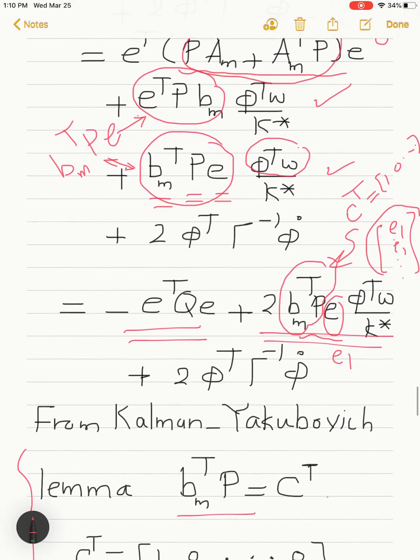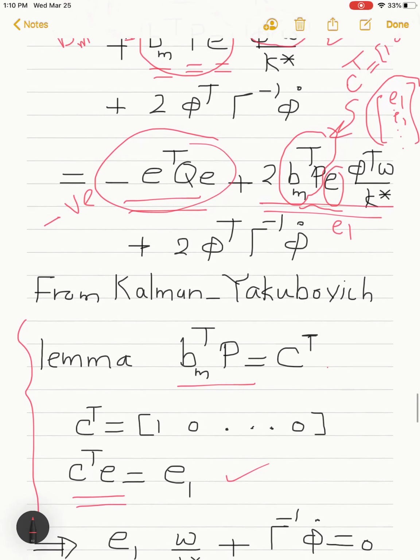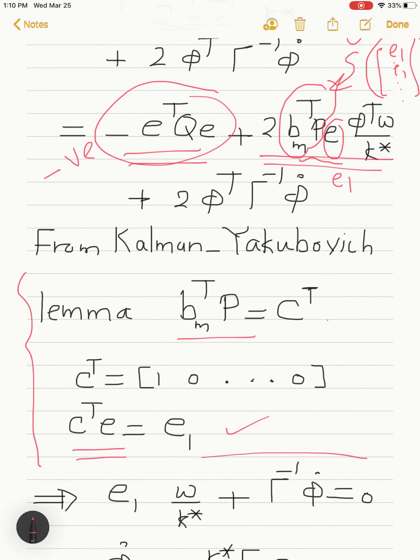And we know that V dot has this term which is negative, and the summation of the other two terms has indeterminate sign, so we put that equal to 0. So the result would be this equation.